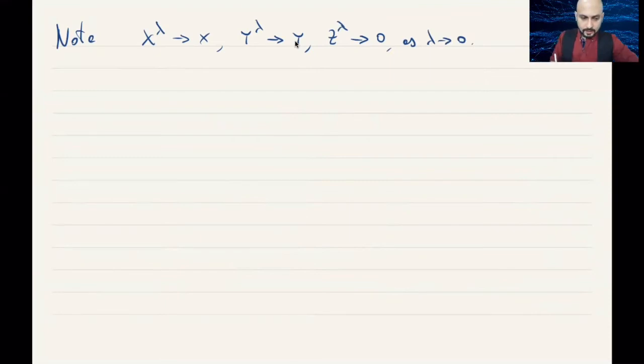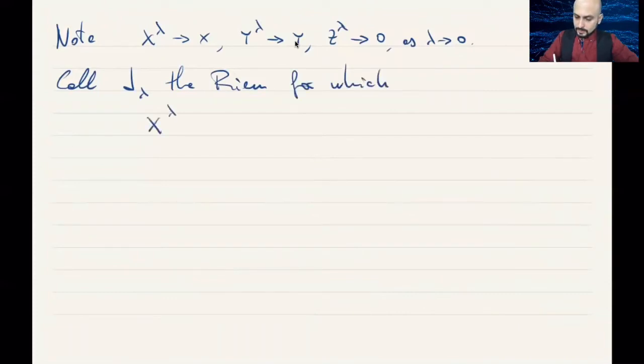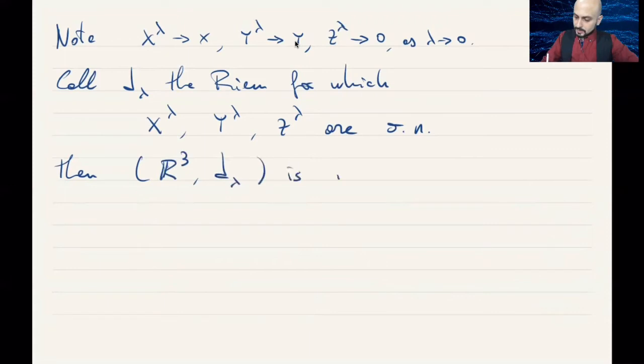So call d lambda the Riemannian distance for which x lambda, y lambda, and z lambda are orthonormal. Then the Heisenberg group, or R3 with d lambda, is isometric to R3 with lambda d1 via the map delta lambda.